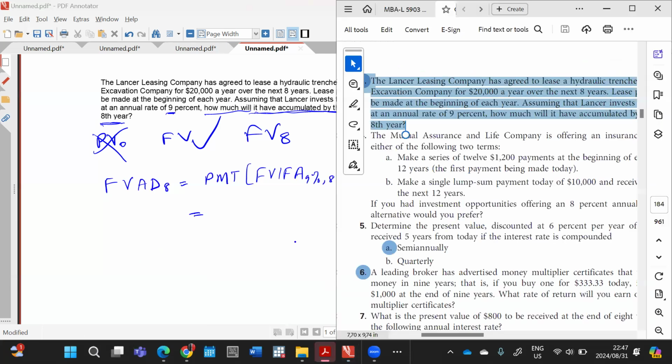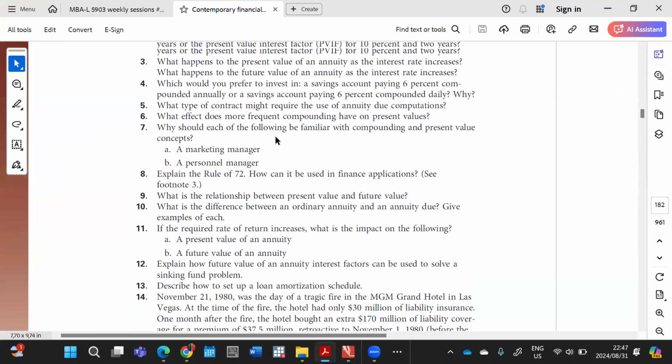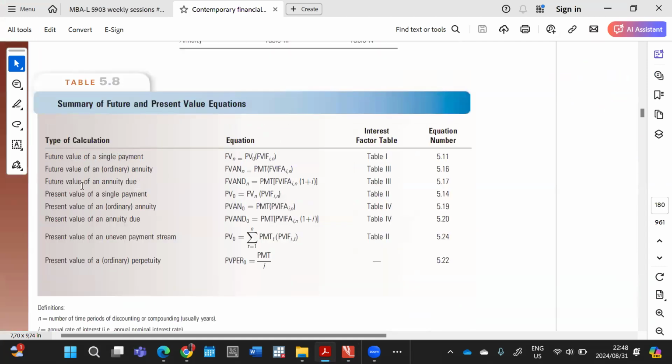If you come to our textbook, in the series of formulas that we have, obviously the formula that we're making use of is this one, and we need to make use of table 3. Why did we multiply by this 1 plus i? To account for the idea that the first payment is being made at the beginning of period 0. So we need to also compound that, or take that into consideration in our computations, right?